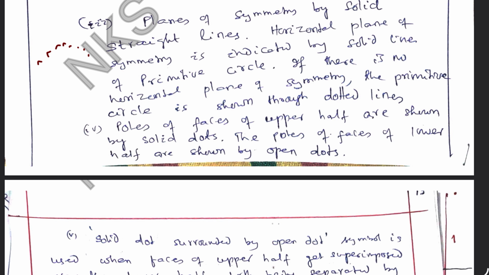The poles of the faces of the upper half of the crystal, in the upper hemisphere, are shown by solid dots, and the poles of faces occurring in the lower half are shown by open dots.